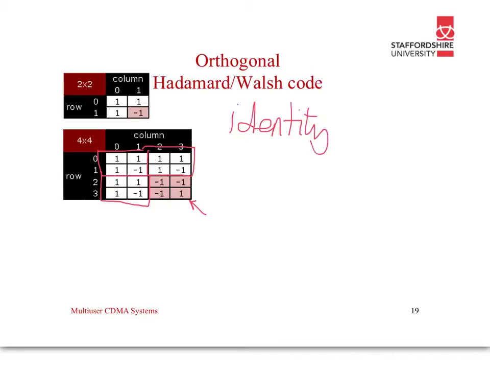So, in this case, for the 4x4 code, we would be able to have one user having this code, the second user having this code, the third user having that code, and the fourth user having that code. And the gain would be 4, and we could have 4 users.